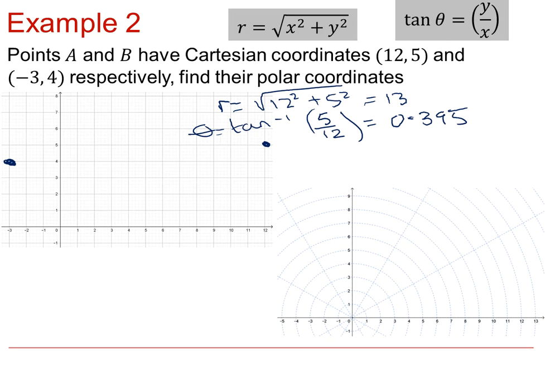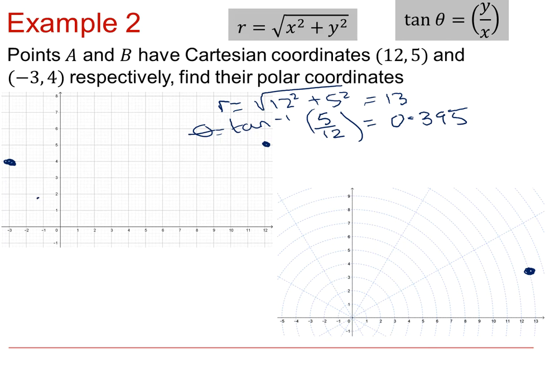Which we would plot on the line r equals 13 and it would be somewhere there. So in the same quadrant, and we're happy with that theta value.